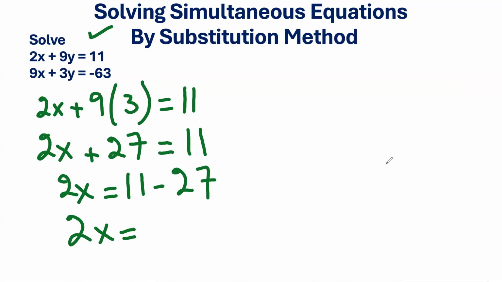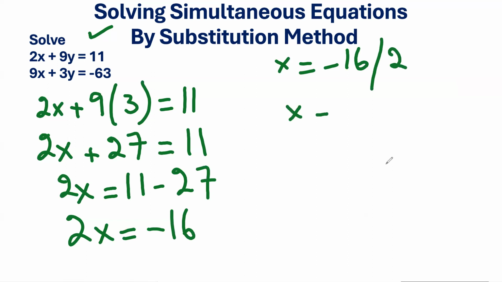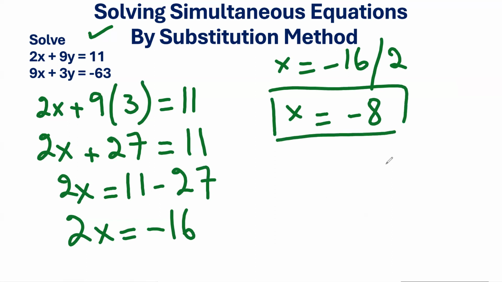Subtraction of 11 minus 27 will give you minus 16. Right? So now you can solve it further. x is equal to minus 16 divided by 2. 16 divided by 2 will give you 8, minus 8. This is the value of x. x is equal to minus 8.